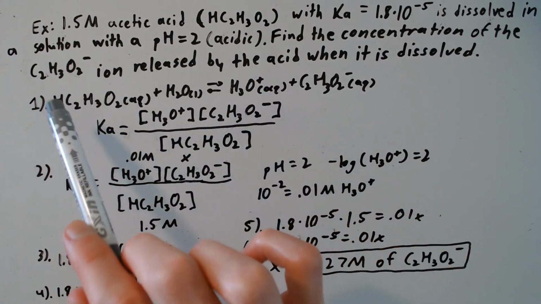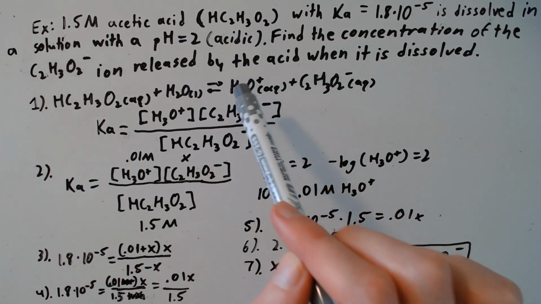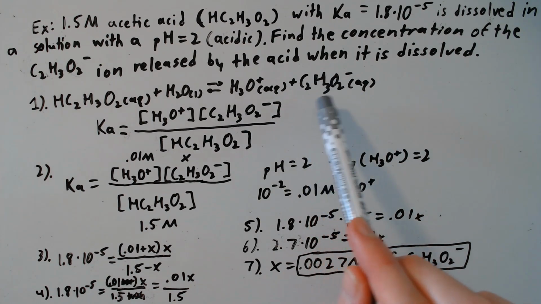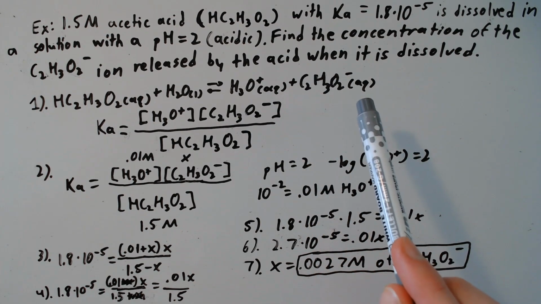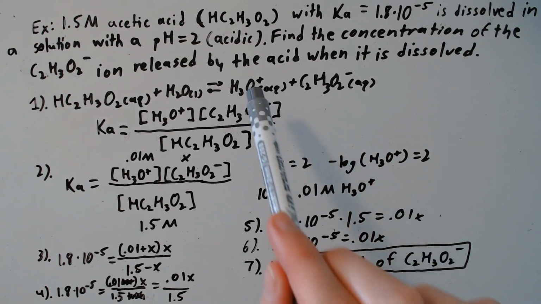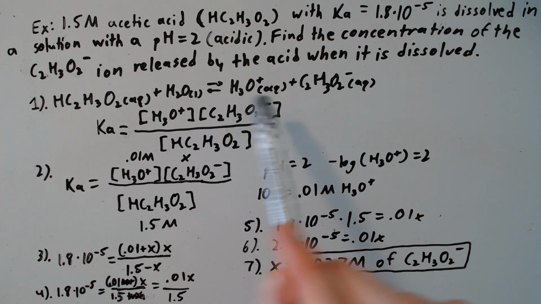Hence, if this acid dissociates in a solution with a pH of 2, not so much of the C2H3O2- is going to get produced, since there is already so much H3O+ that the acid is going to have a difficult time coming apart in the solution.